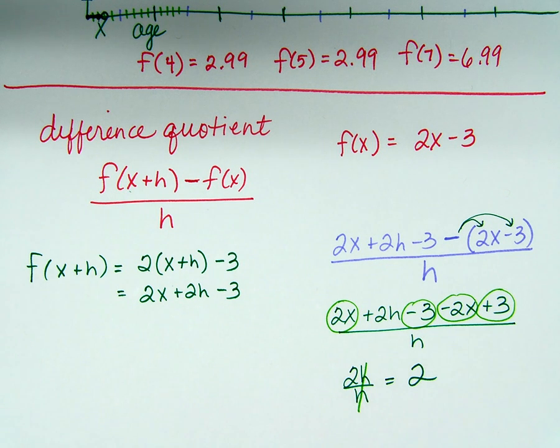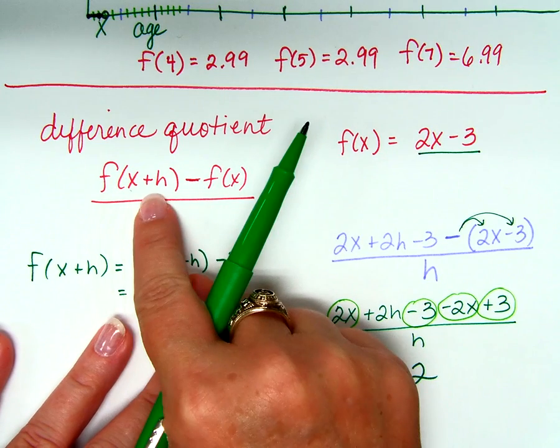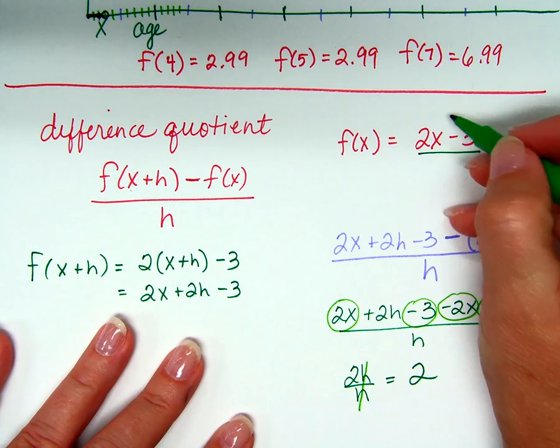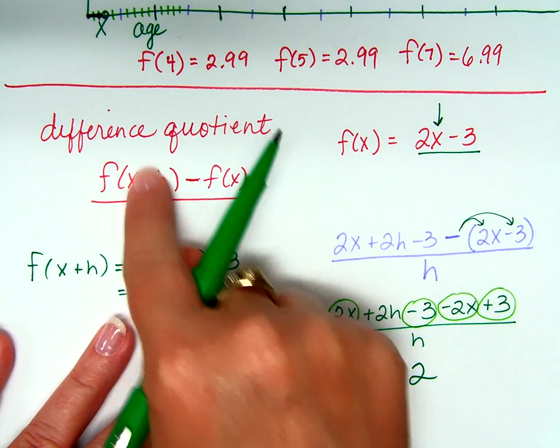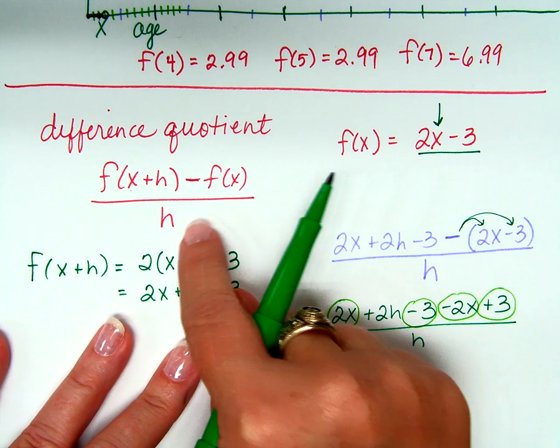Now, do they get harder than that? Oh yeah, they absolutely do. But think of it this way: whatever's here, start by rewriting it by putting an x plus h anywhere there's an x. That's the first part. Then you have to subtract what you originally started with and then divide it by h.